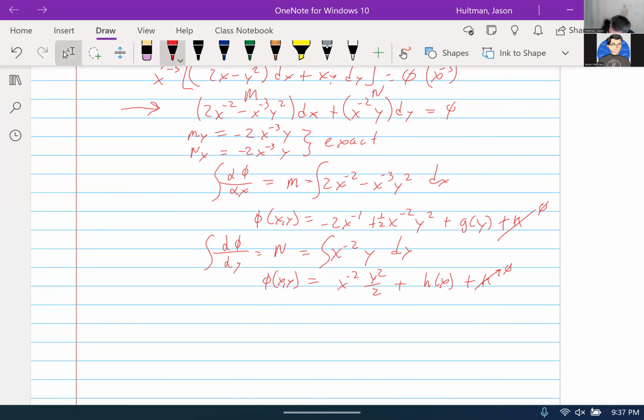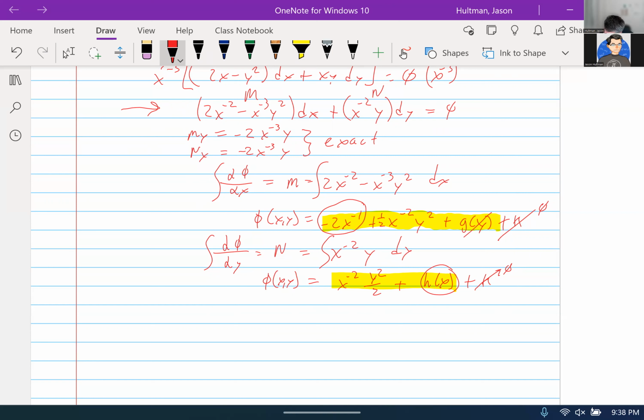If we compare these two, we have this one with some g of y, and this one with some h of x. Well, g of y doesn't exist, because no y value comes out in the second equation. But h of x does exist, because this is a term that depends only on x.